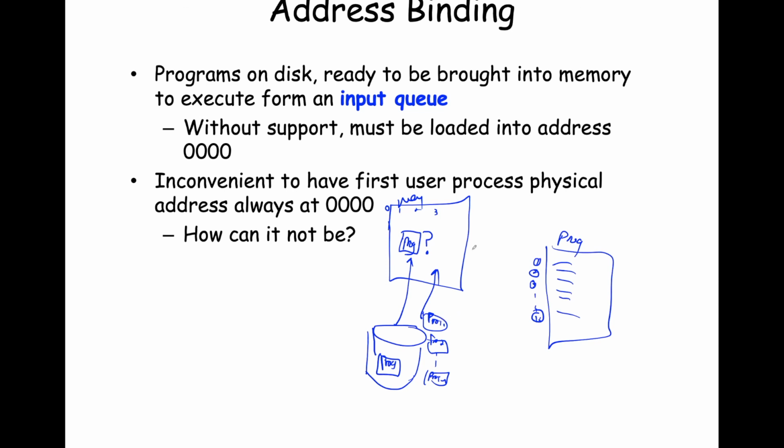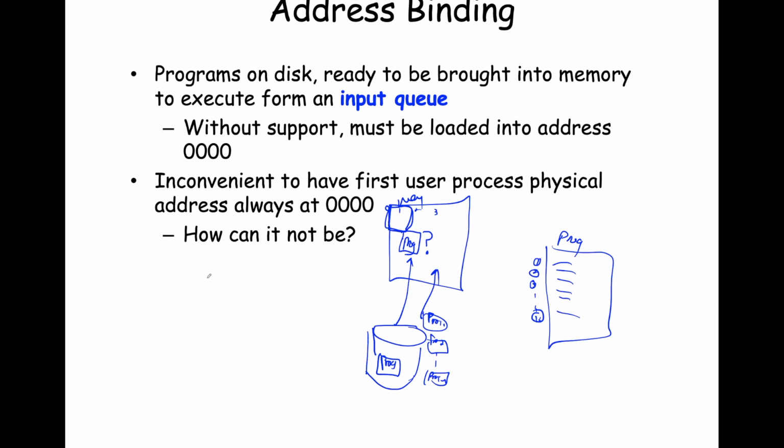And so without any support for figuring out how to load them into memory, they're all going to have to be loaded at address 0. Because if you're going to start out, you might as well have it at address 0. But it's not convenient to have the first process loaded always at physical address 0.